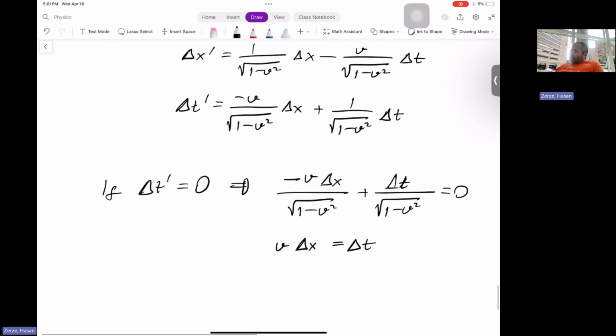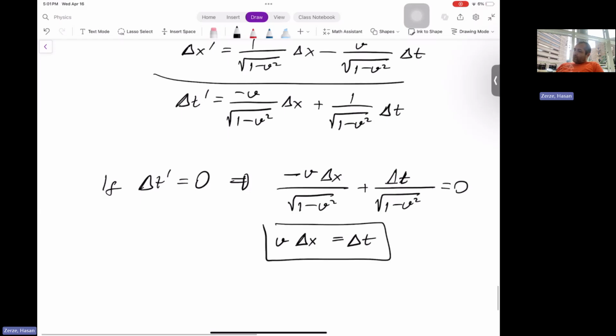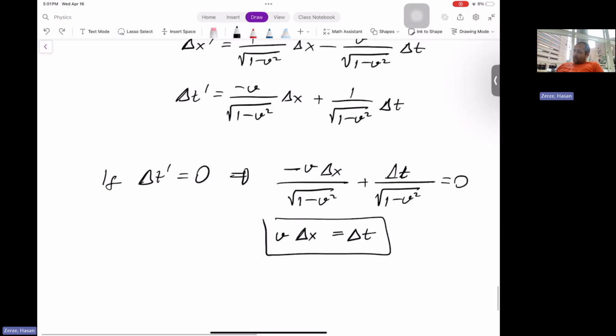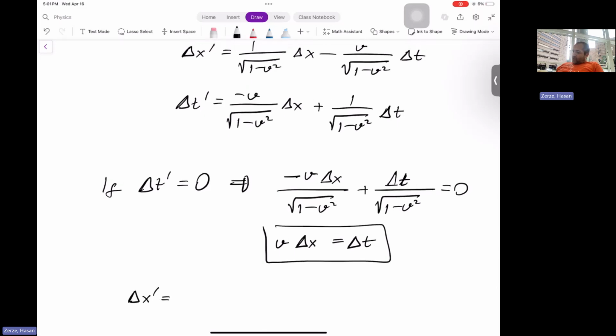And then to use this one and plug this into this equation, delta x prime turns out to be 1 over square root of 1 minus v squared times delta x minus v times delta t, which is v squared times delta x.